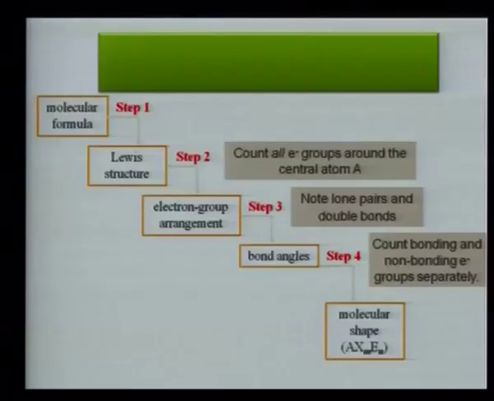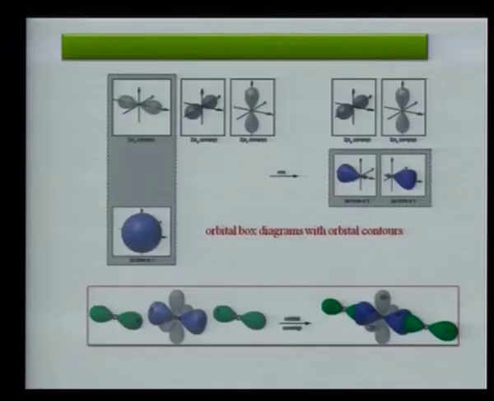Now, different steps are involved when we discuss VSEPR. Step 1, we should write down the molecular formula. Then step 2, the Lewis structure, then electron group arrangement, then bond angles, and finally molecular shape. As I have told you, when you discuss molecular orbital theory, there are 2 types of overlapping: either head-to-head overlapping or sideways, or lateral, overlapping.